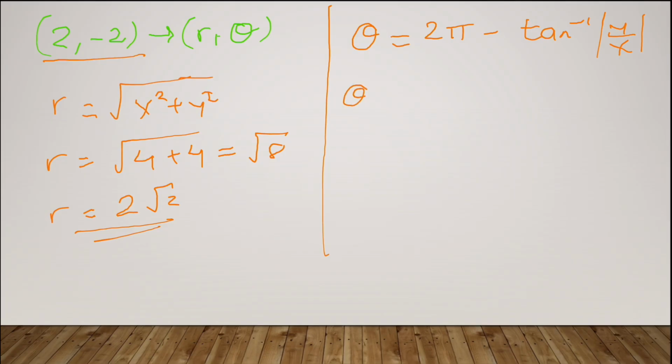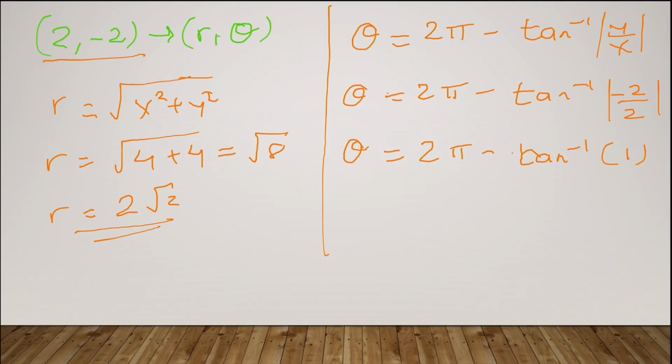Now we'll have theta is equal to 2 pi minus tan inverse of the absolute value of negative 2 over 2. Now we know negative 2 over 2 is negative 1, but since we're taking the absolute value, we have theta is equal to 2 pi minus tan inverse of 1. Now, when is tan inverse 1?